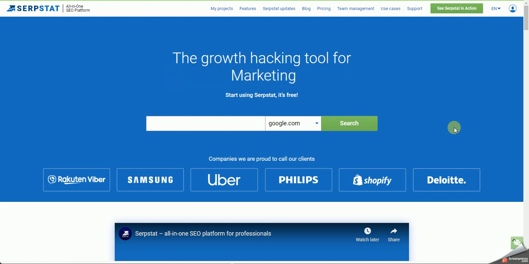So I was searching and I found Serpstat, and I love that you get 10 daily searches for free with Serpstat, which is a lot more than Ubersuggest. And I really like the amount of robust free, I would say, analytical features that they have that Ubersuggest didn't.